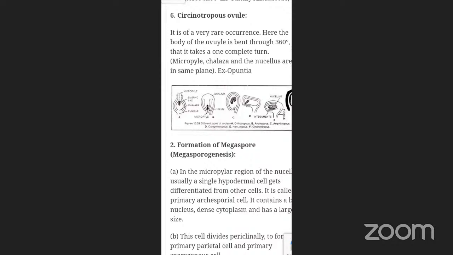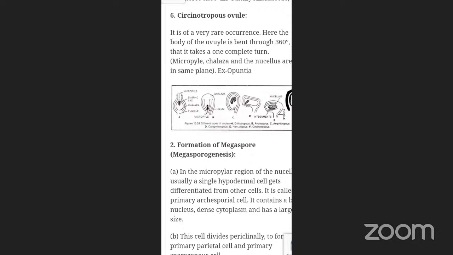These structures, namely aril, arillode and sarcotesta, are attractive to animals like birds, mammals and other insects, which help in seed dispersal. These are additional developments, so that's why they attract animals and insects, mainly helping in seed dispersal.